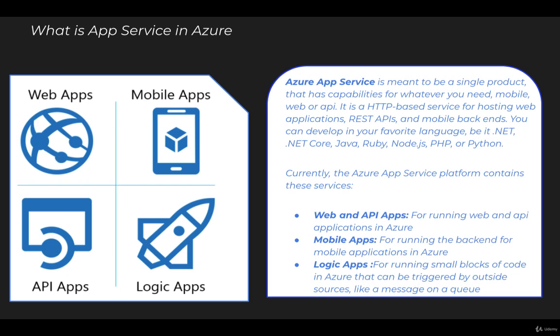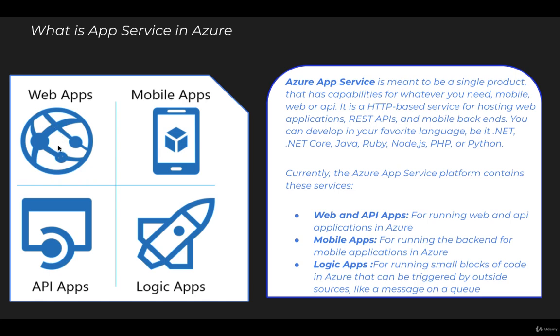A web app is a fully managed platform in Azure that helps you build and deploy enterprise grade web apps in a few minutes. You can use .NET, Java, Node.js, Python, and have features like built-in auto scale and load balancing.